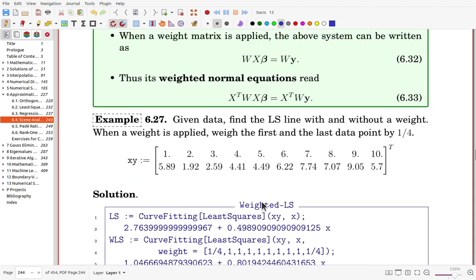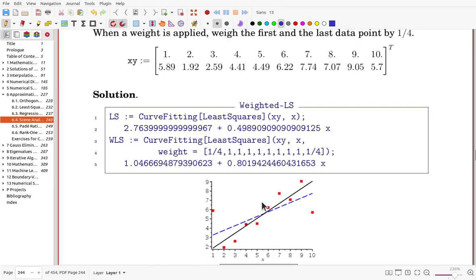Let's see this example. Here in the scatter plot, you can see red dots. I made this data set almost linear, and the first one and the last one, the y values of these two points, are perturbed, so that they look like noise. Once you recognize this, for these two points you may give weight 1/4. For the reliable points, give weight 1.